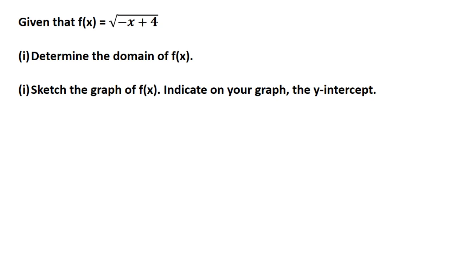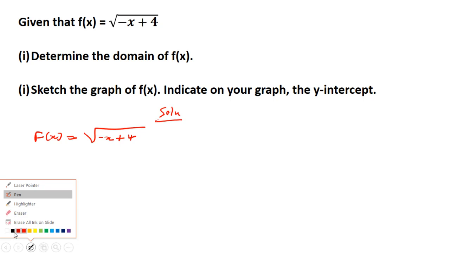So guys, for this one, I think I've already solved it, but let me quickly resolve its solution. For this one, the first question is find the domain. You have been given f of x is simply equal to square root of negative x plus 4.